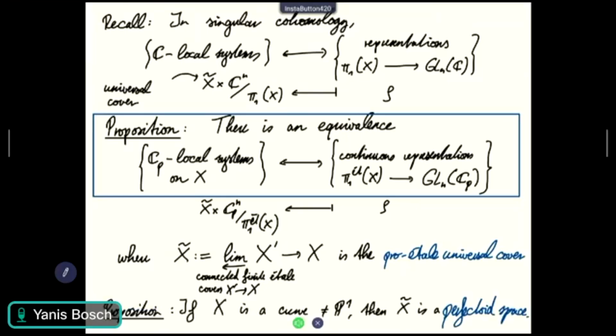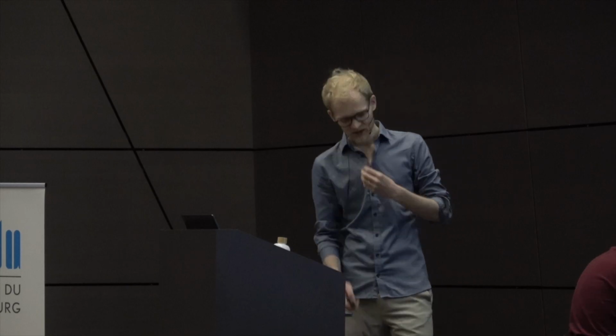Okay, and this is, in some sense, the prototypical way of how perfectoid spaces appear in p-adic geometry. They are also already in the world of Faltings, and even, if you want, in the works of Tate. These things appear as infinite covers of arithmetic objects, like, for example, smooth projective curves.